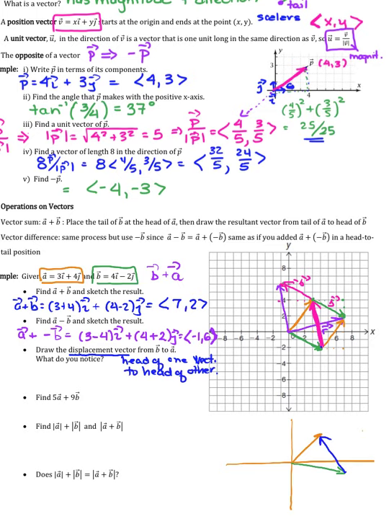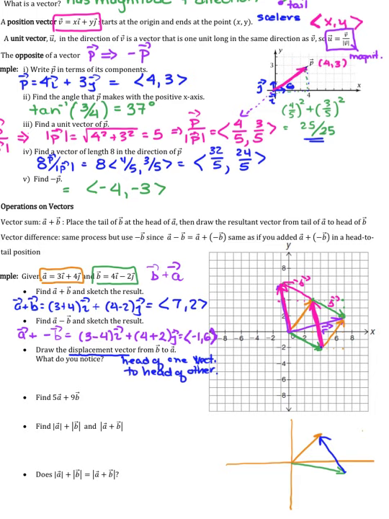I want you to notice that that is the same vector as the resultant vector. Now remember, vectors are congruent if they have the same magnitude and the same direction.